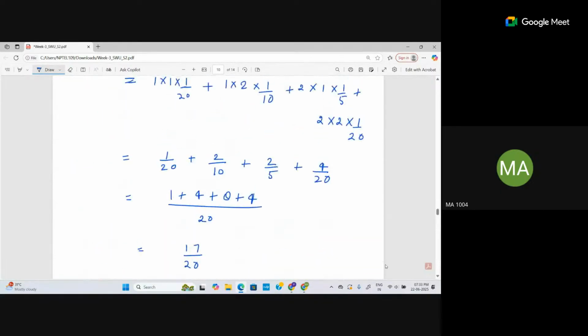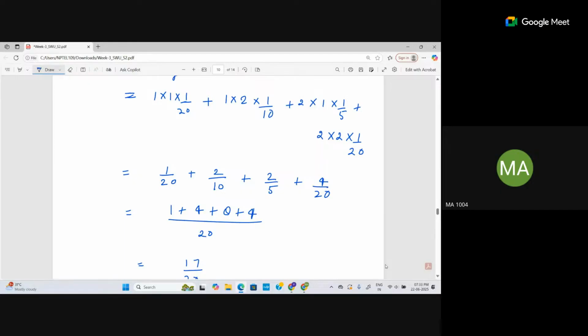Try to solve all the questions based on week 3, your activity and your practice assignment, and we can discuss the questions in the next doubt session. On Tuesday we will have our week 3 doubt session. Also, on Wednesday there is a slight change in the schedule: we will have our week 4 solve with us session.